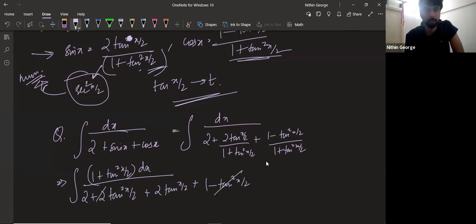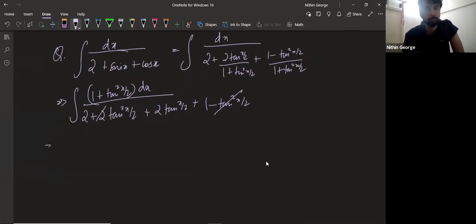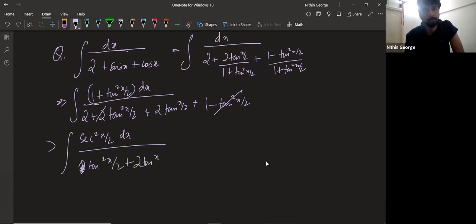The tan square x by 2 terms cancel, and I am left with this. So this becomes sec square x by 2 dx divided by tan square x by 2 plus 2 tan x by 2 plus 3. Now if I take tan x by 2 as t, what is dt?